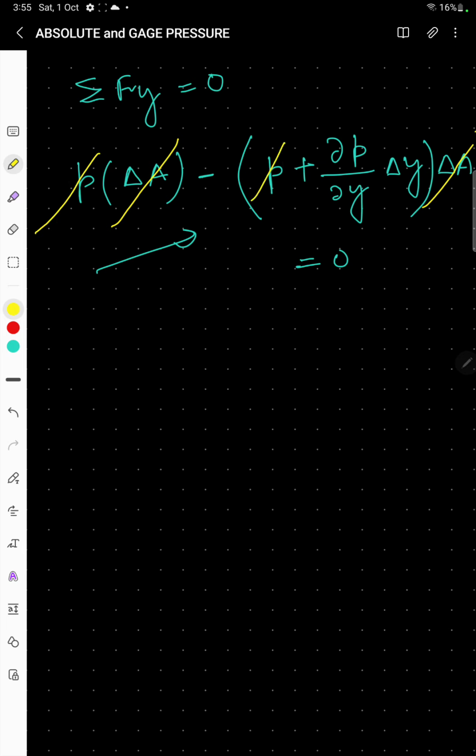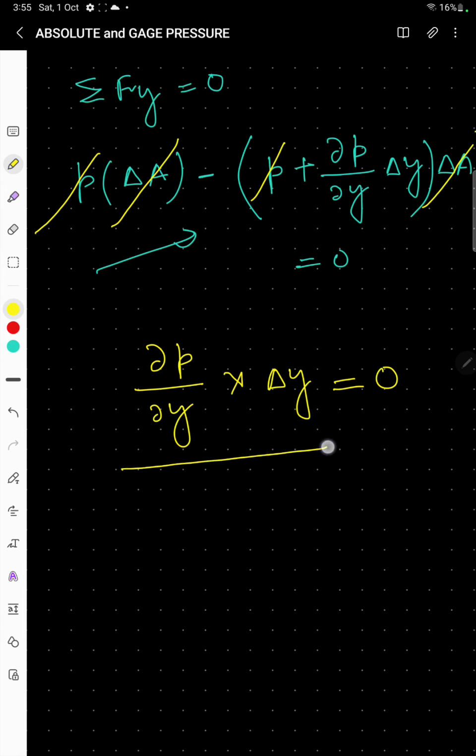What is left is delta P divided by delta y multiplied by delta y, which is equal to 0. So the multiplication of two things is coming out to be 0, so either this will be 0 or this will be 0.